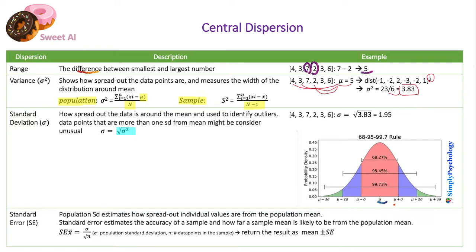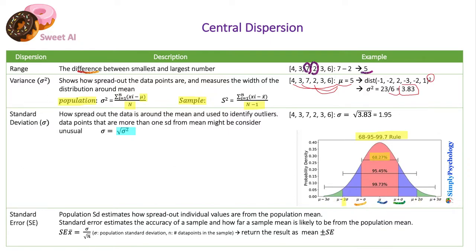Something that you need to know is when we have a normal distribution, something like this, the mean is here. One standard deviation to the right and to the left is the red area that you see here, and it's equal to 68.27% of the area under the curve, right? And these are rules. These are not something that we calculate every time. So it's the 68, 95, 99.7 rule that I got from Simply Psychology, this picture.